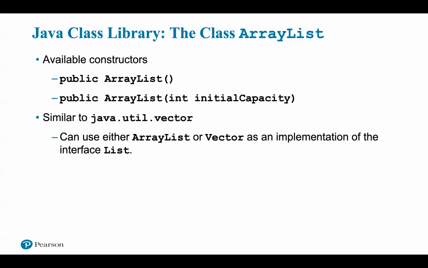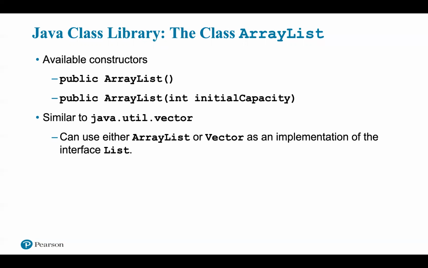The other Java class library element we'll talk about is the class ArrayList. This class called ArrayList implements the interface java.util.List that we just discussed. The class also is in the package java.util. Two of the constructors available for ArrayList are public ArrayList(), which creates an empty list with an initial capacity of 10.